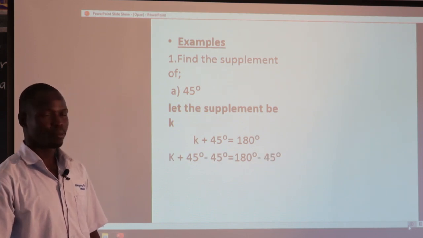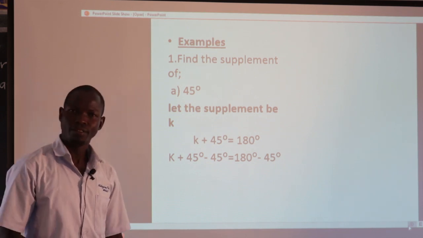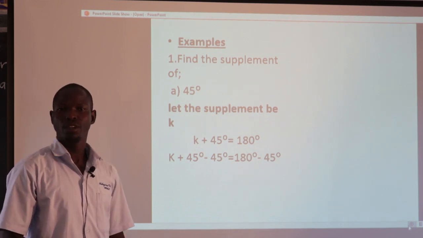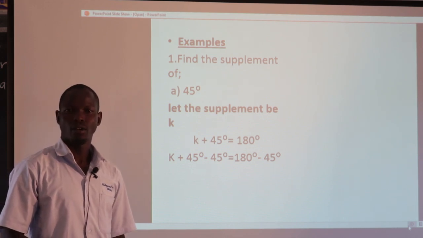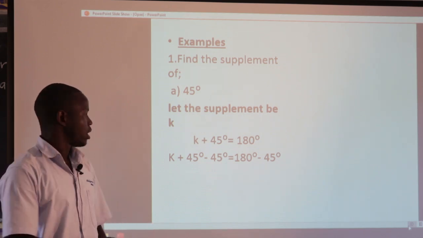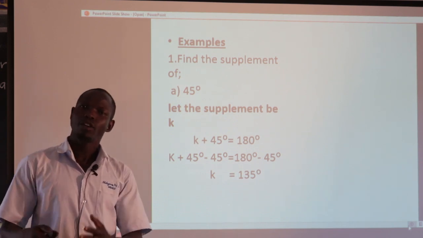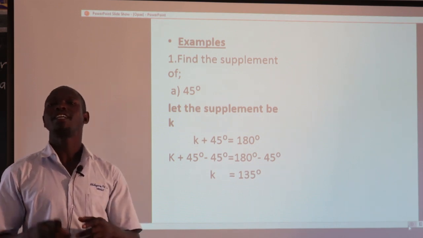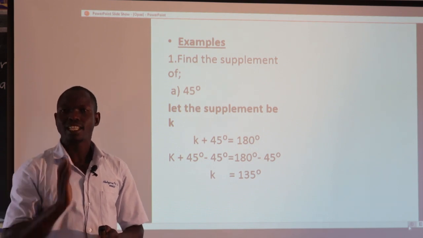In the next step, we collect like terms using the additive inverse of positive 45 degrees. The additive inverse must be introduced on both sides of the equation, and always you subtract. Subtract 180 degrees minus 45 degrees, but vertically like this, because it is easy to get the answer.